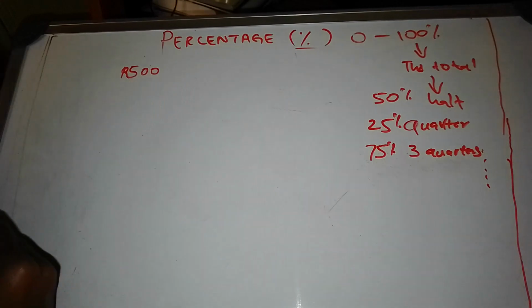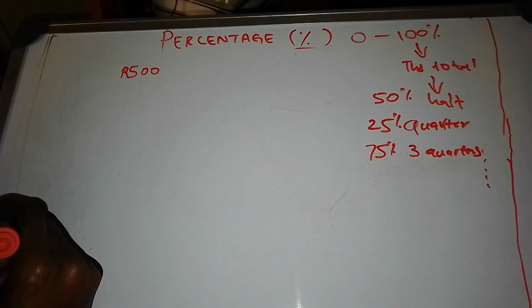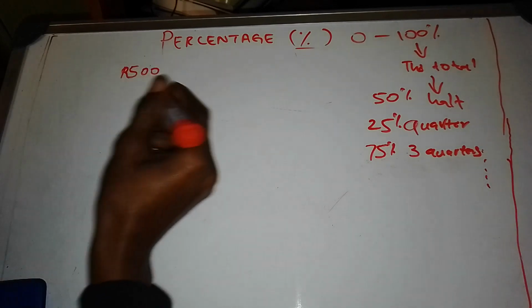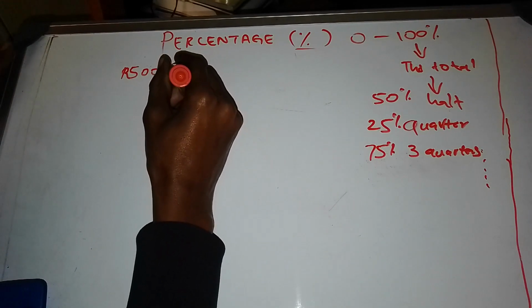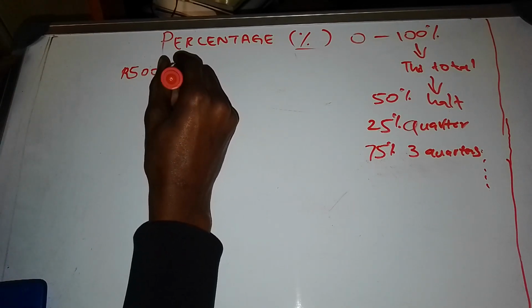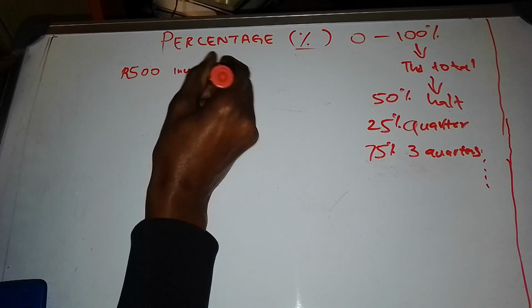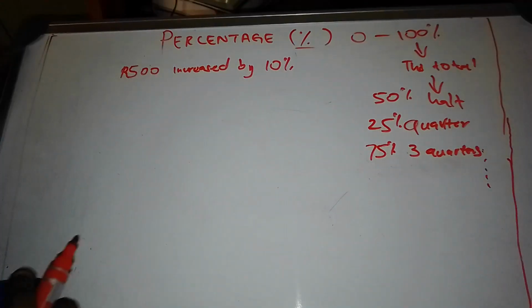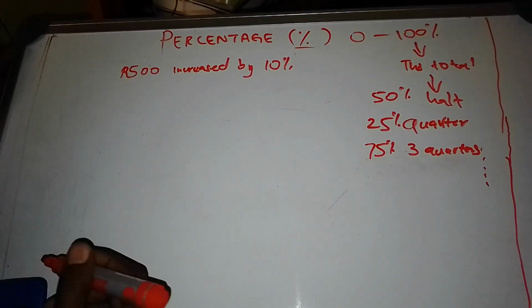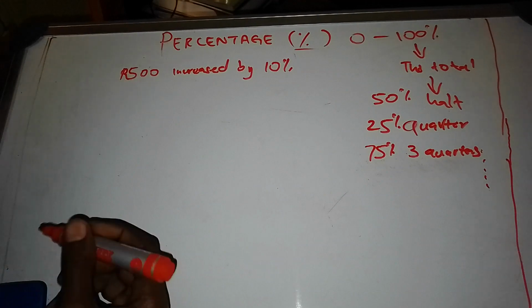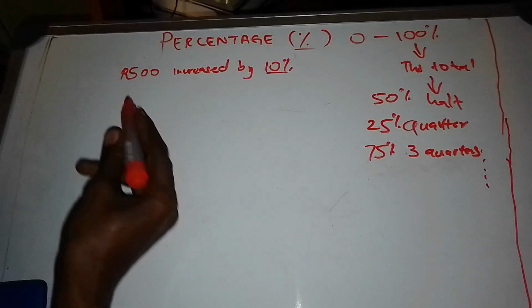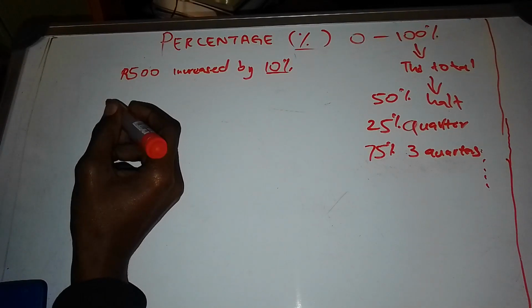You have 500 rands, and that 500 has increased by 10%, right? Now you want to know how much it increased by. You want to know the 10% as an amount, right?